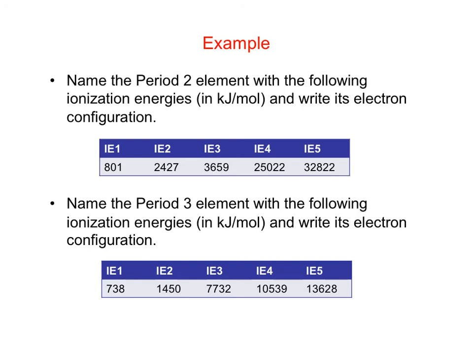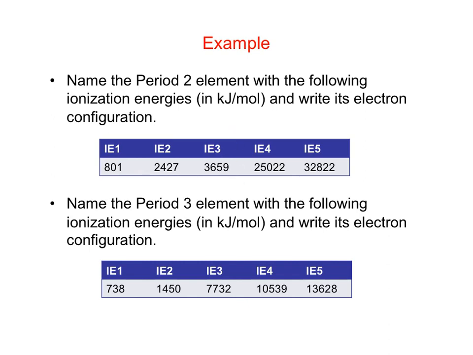What we're looking for in these successive ionization energies is where there is a big jump. We have an increase from 1 to 2, another increase from 2 to 3, and then from 3 to 4, we're going up by a couple thousand, and all of a sudden we're going up by more than 20,000. So the big jump is between ionization energy 3 and 4.